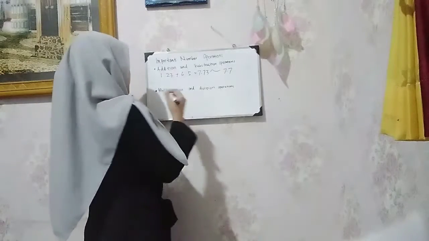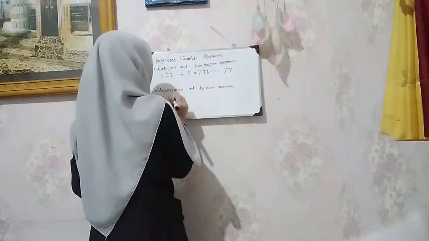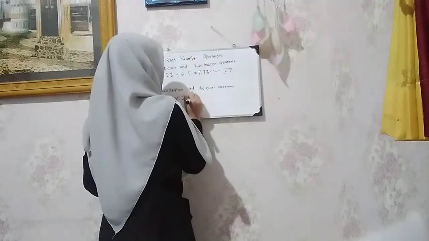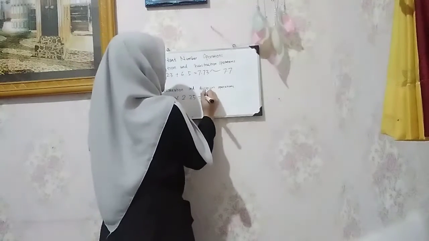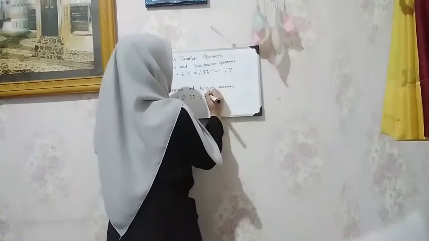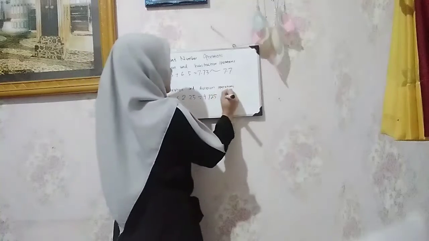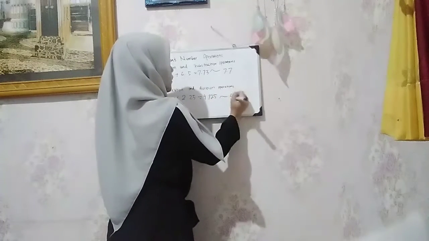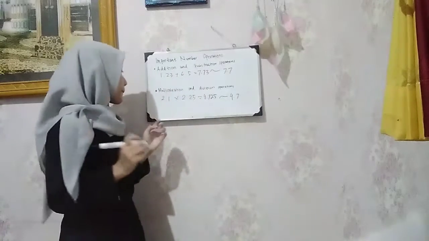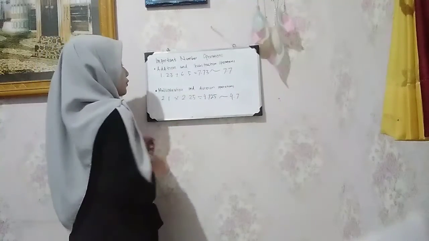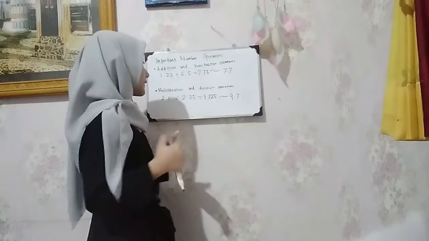For example, 2.1 multiplied by 2.25 equals 4.725, which is 4.7. Why? Because 2.1 has fewer important numbers than 2.25.